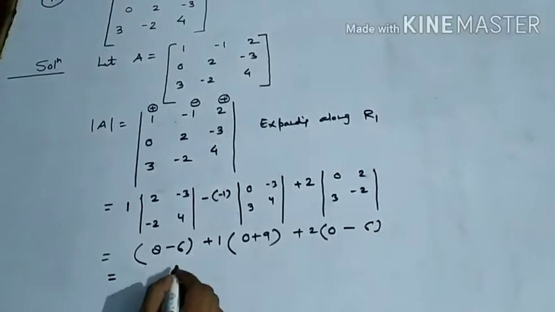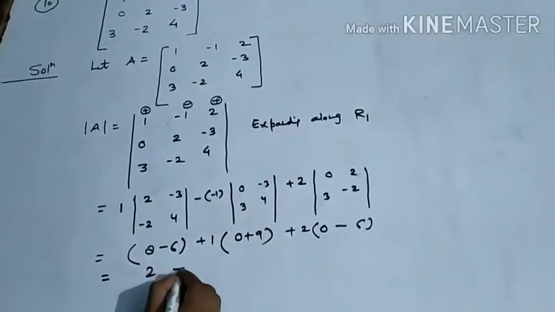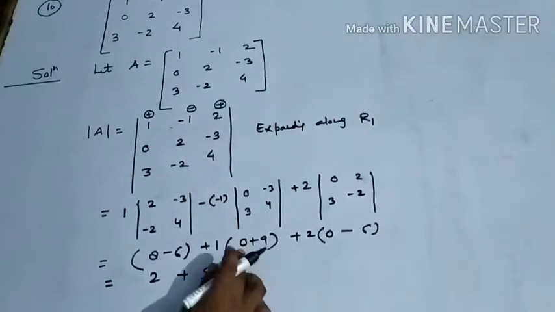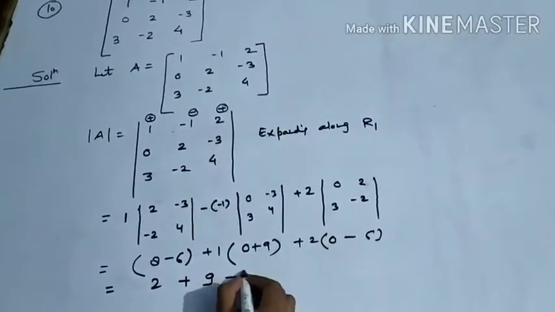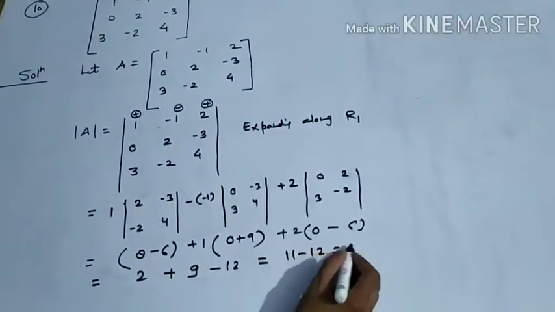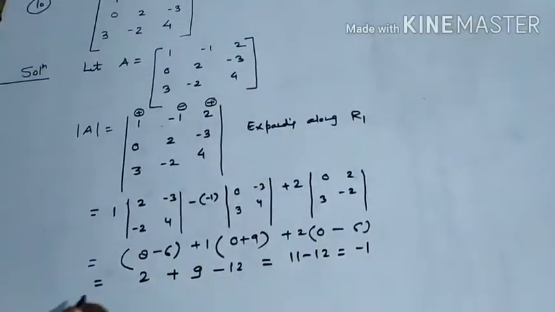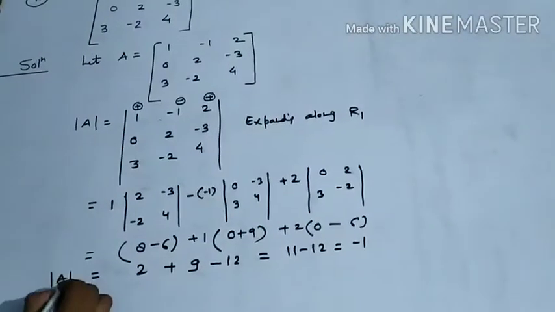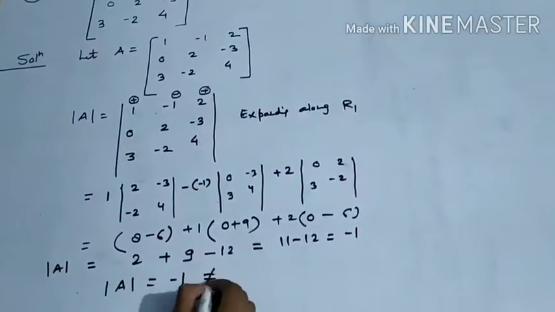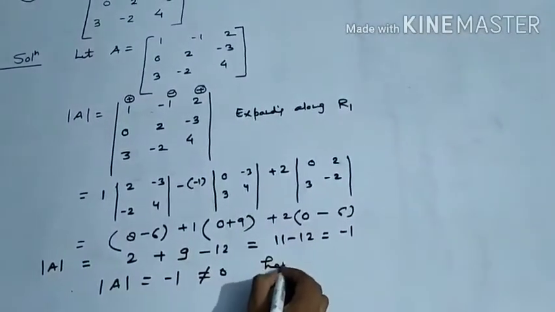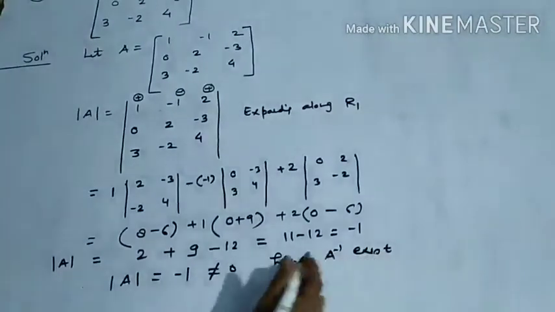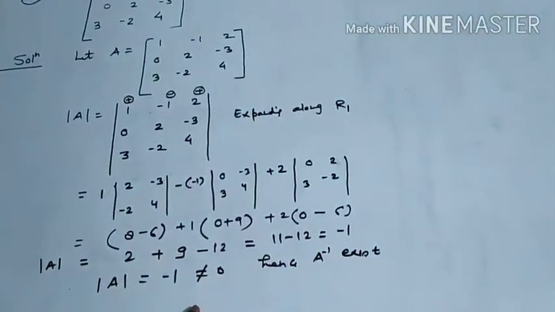So this is equal to 2 plus 9 minus 12, or 11 minus 12, which is minus 1. This is the determinant of A. So the determinant of A is equal to minus 1 and this does not equal 0, hence A inverse exists because A is a non-singular matrix.